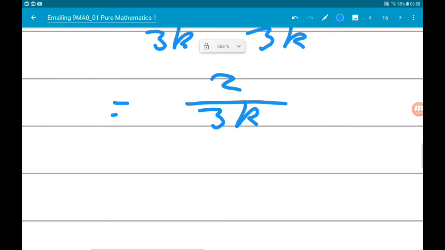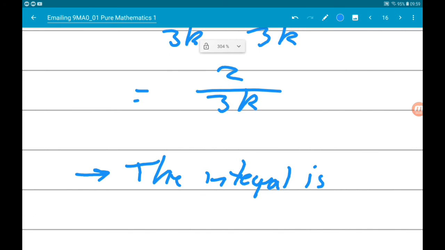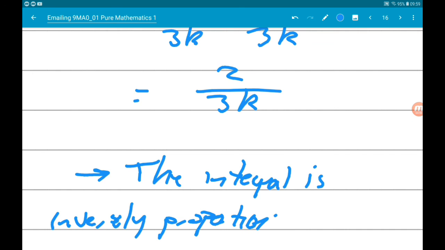And therefore the integral is inversely proportional to k. As k gets bigger, the integral gets smaller. Cool.